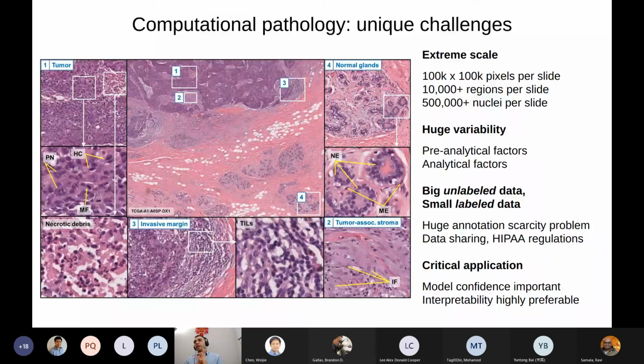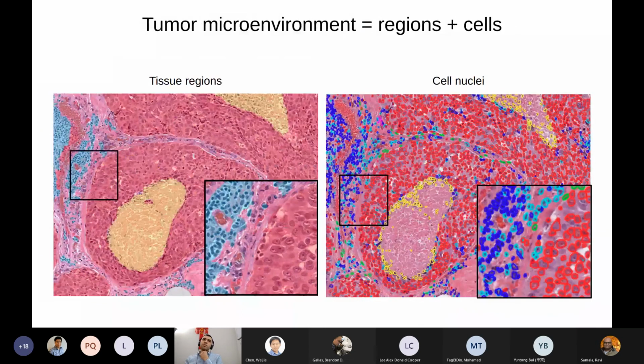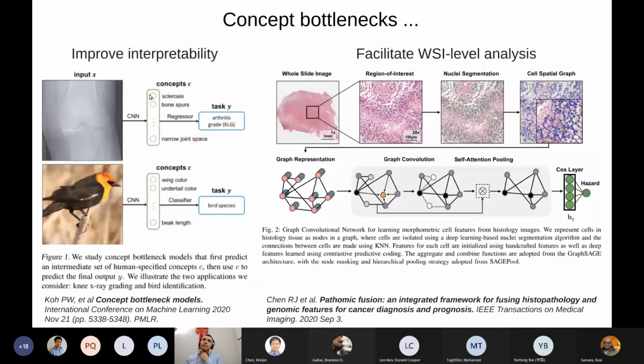This is called a concept bottleneck model. Let me just jump to this part here. So this is called concept bottleneck, which is the idea that instead of making the prediction going from a radiology image through a black box model that I don't know exactly what it's doing, but it's very accurate and it's telling me this is arthritis grade 2, instead of having that, you do all of the heavy lifting using your convolutional neural network, which is basically a deep learning model, to predict intermediate things or concepts that make sense, that a human observer would understand.